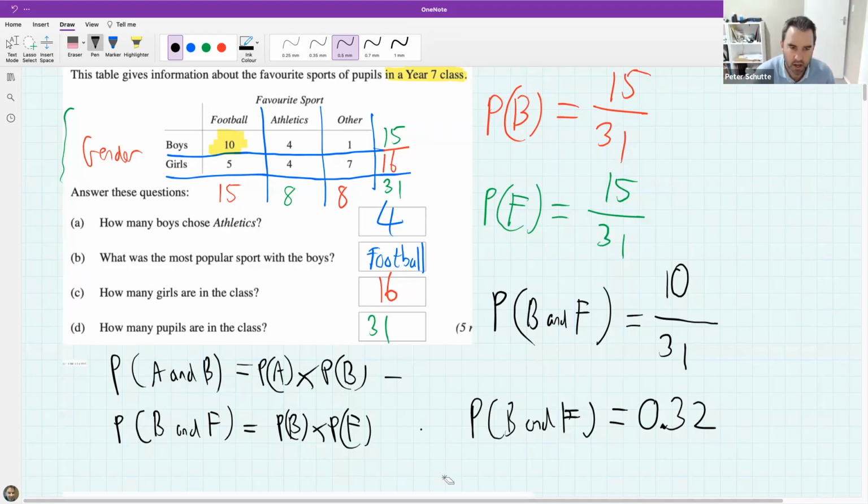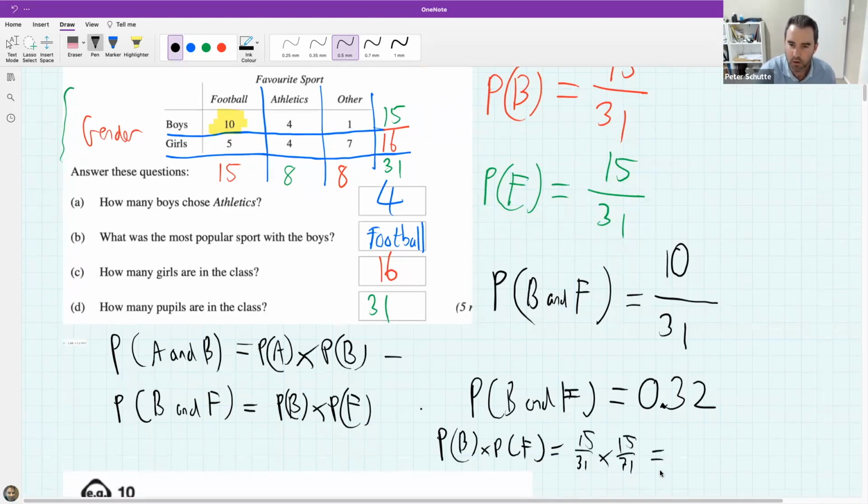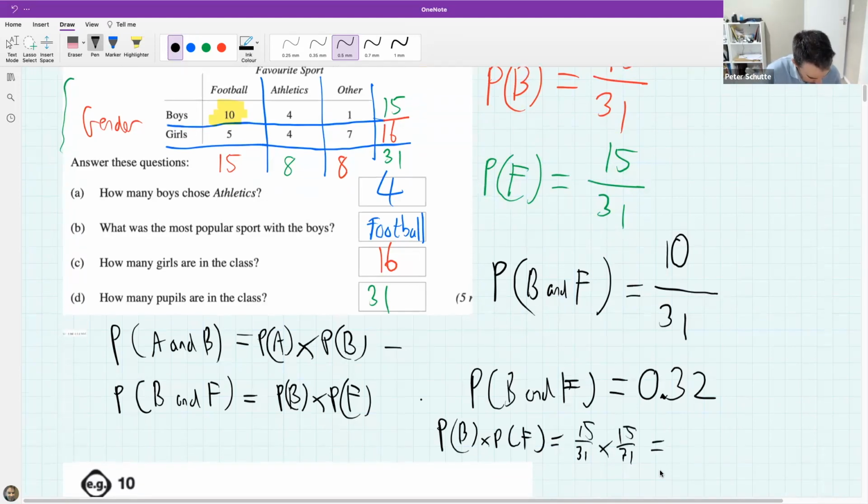And then I want to try probability of B times probability of favorite sport being football. So 15 over 31 times 15 over 31. What do we get for that? Because I need to check whether this equality holds. I get 0.23.